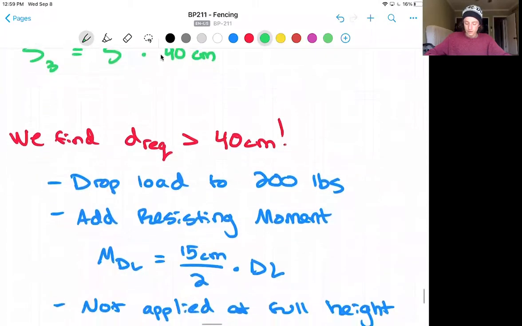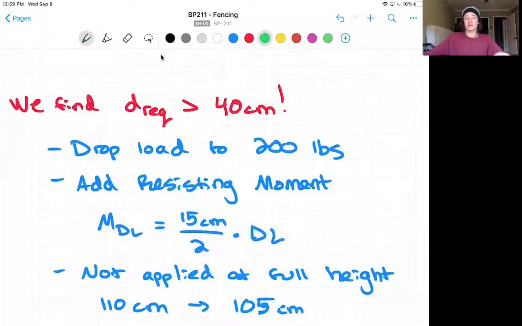So three things that we can do are, first, to drop our load to just 200 pounds. We can assume that some portion of the distributed load that is going through the fencing mesh and the tie wires and the cables is picked up by the cables and the mesh fence, and it's not all going to go into the overturning of a post over that tributary width of 200 centimeters.